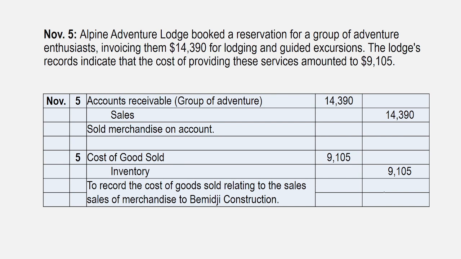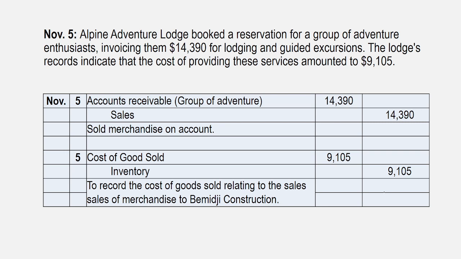The first transaction takes place on November 5, where Alpine Adventure Lodge booked a reservation for a group of adventure enthusiasts and invoiced them $14,390 for lodging and guided excursions. The lodge's records indicate that the cost of providing these services amounted to $9,105.